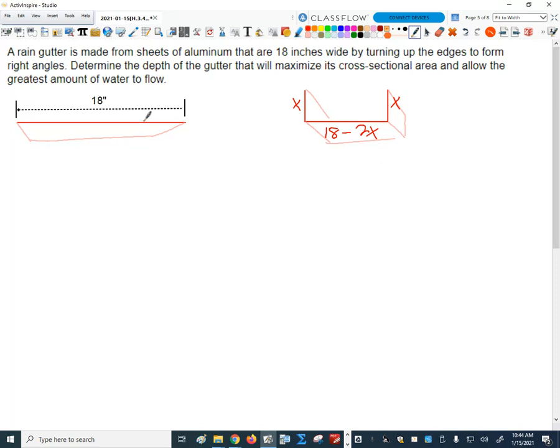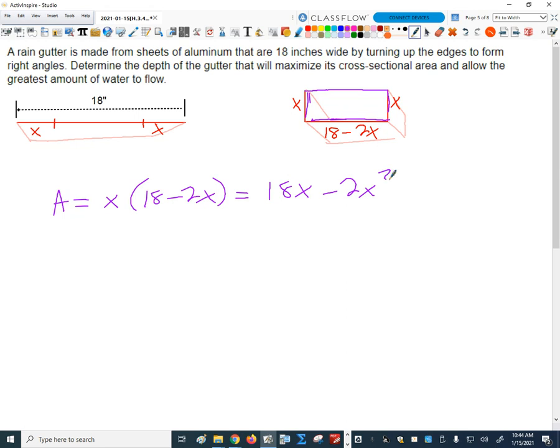Right? Because I've bent this thing so when I bend it up, those two x's are subtracted from the total 18 length, right? And so then the cross-sectional area, well, this is the cross-sectional area right here. It's just this rectangle, right? And the cross-sectional area is just going to be the height times the width. So that just gives us 18x minus 2x squared.